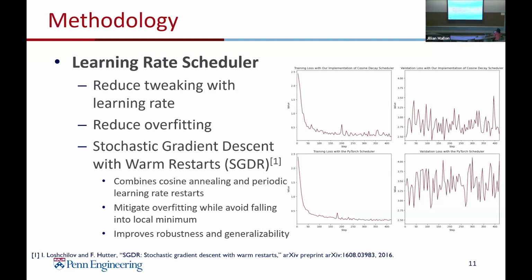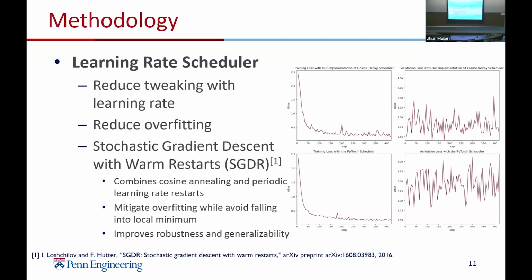It essentially gradually decays the learning rate, and when it hits a specific training step threshold, it resets it back to its original value. The problem with traditional learning rate schedulers is that they can fall into local minima due to the constantly decaying learning rate. Whereas with SGDR, thanks to its periodic restart mechanism, it is able to avoid falling into such local minima.